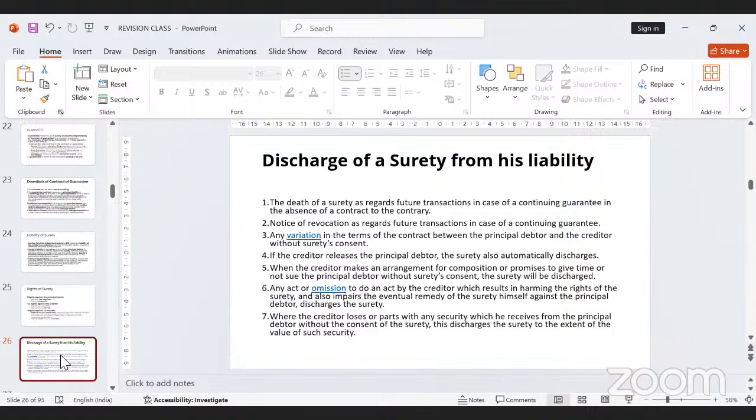If the creditor is giving extra time to the principal debtor, or if the creditor is not taking appropriate measures to demand money from the principal debtor, is not suing the principal debtor in case of non-payment, then also the surety will be discharged. So take for example, every month I had to pay EMI for 1 lakh rupees. Every month I had to pay 10,000 rupees.